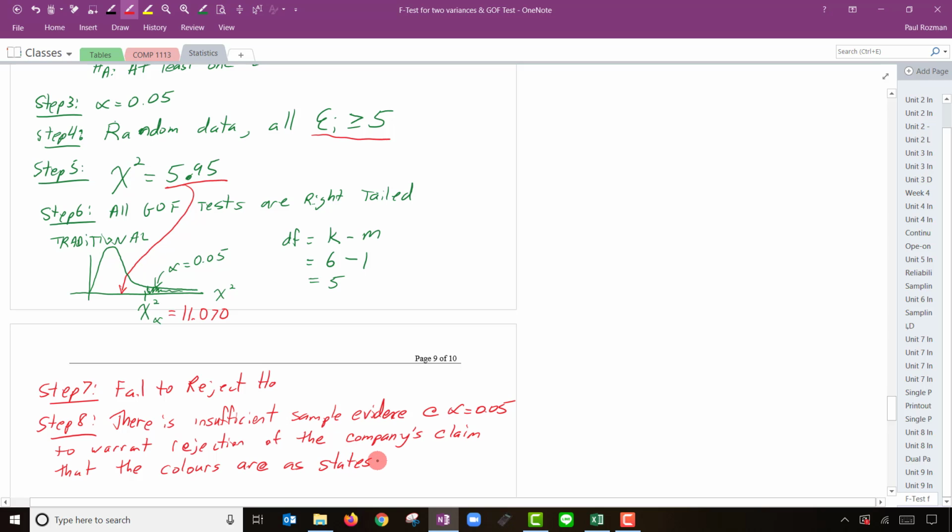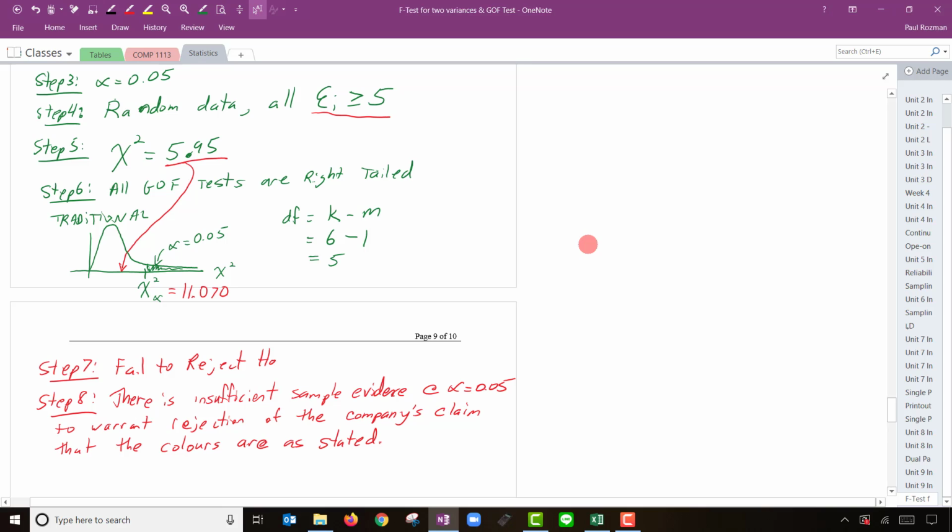I'm too lazy to rewrite each of those percentages. You know, brown was 30% and yellow was 26 and red was 20. Basically, we can't say they're wrong. That's what this says, which essentially says they're right, but it does so in a weak way.